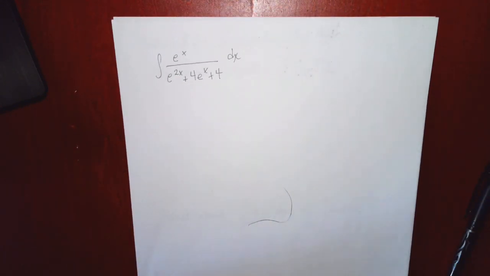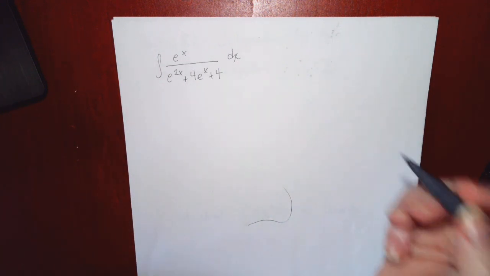So here's a different kind of thing. Any suggestions as to how we might rewrite that? Or do we even need to rewrite it? Could we just use a straight u substitution? Correct. So why?